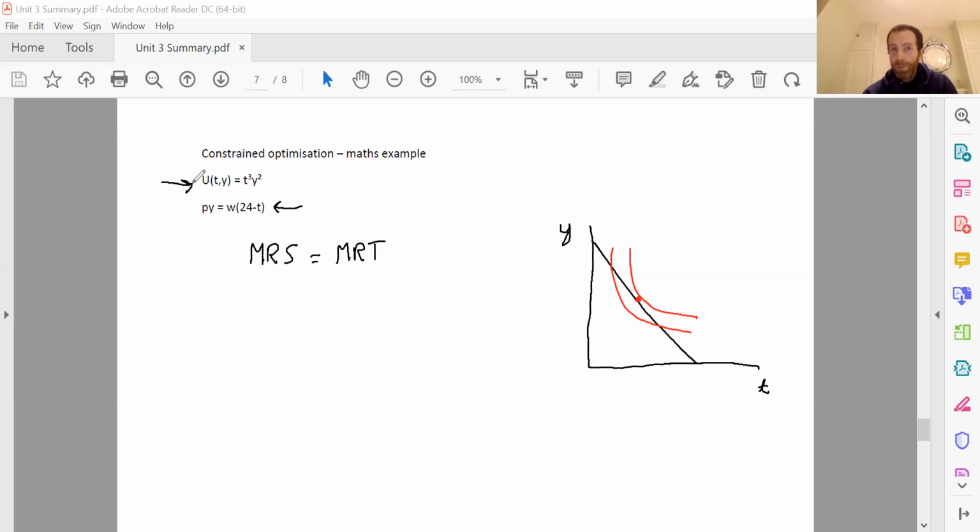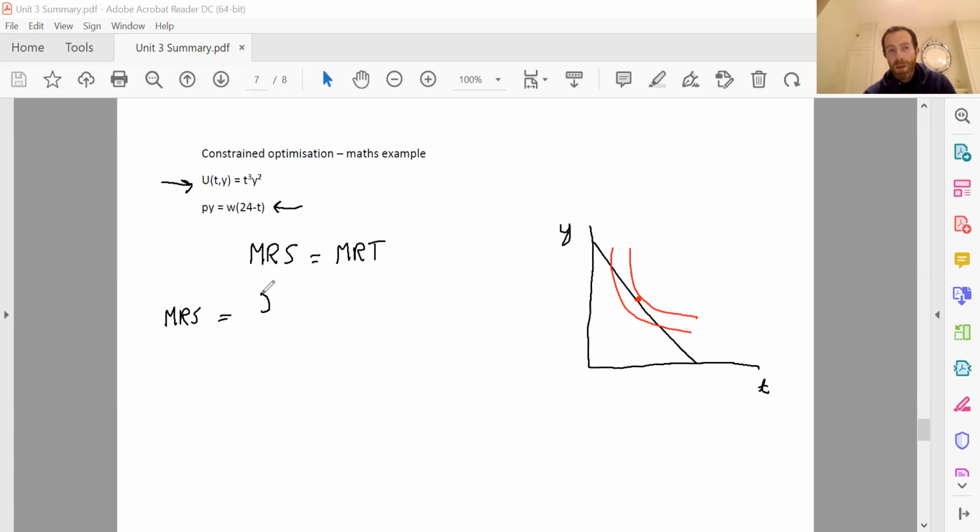So to find the marginal rate of substitution, we think about utility, because that comes from the indifference curves. Now, we know that the marginal rate of substitution is given by a particular equation, which I'm not going to derive. It's given to us in the textbook, and there's a derivation there.